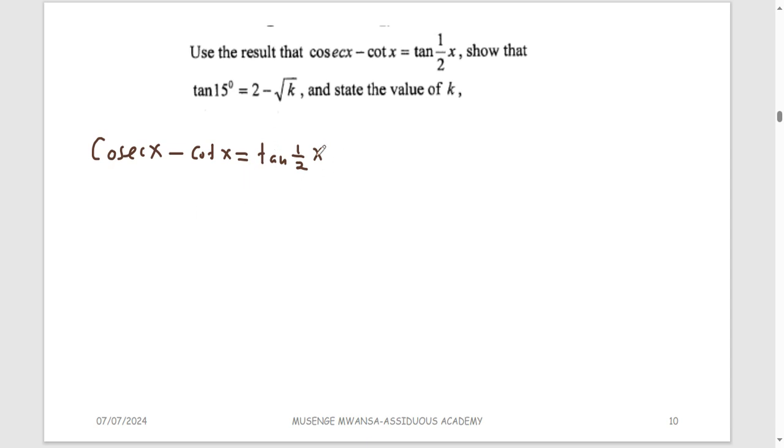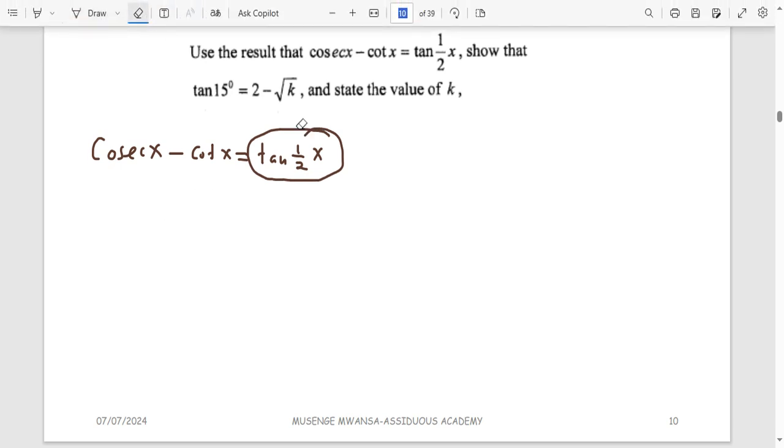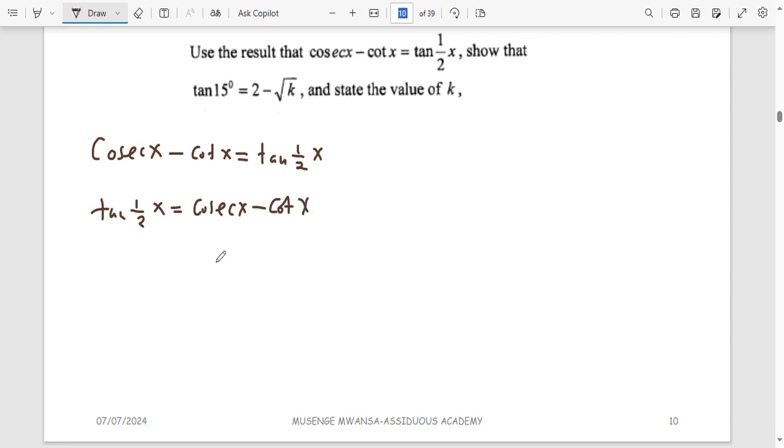So I can start with this side. I'll say tan of 1 over 2x is equal to cosec x minus cot x. The reason we deal with special angles is that, look at the angle you've been given, 15.